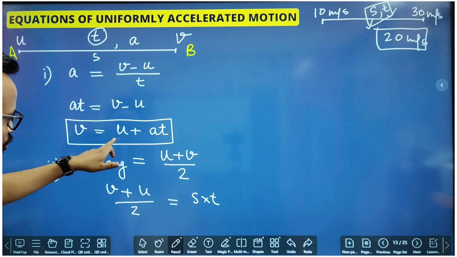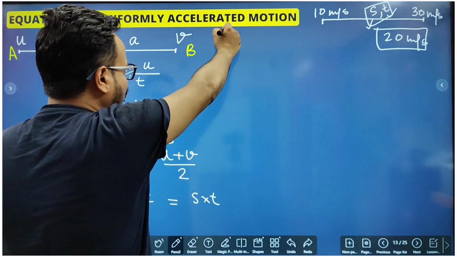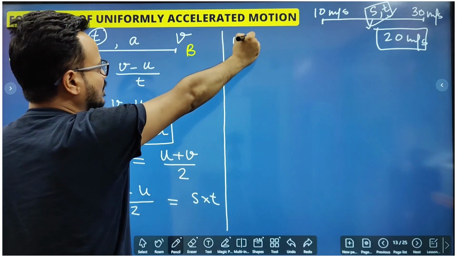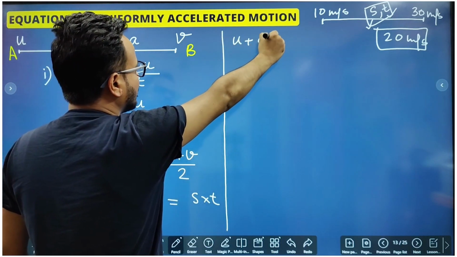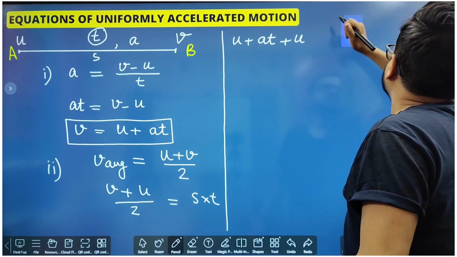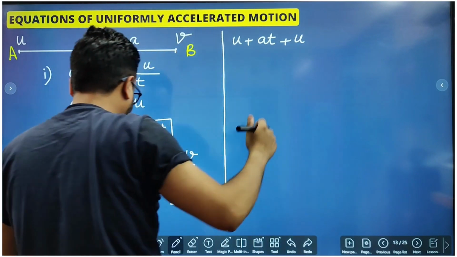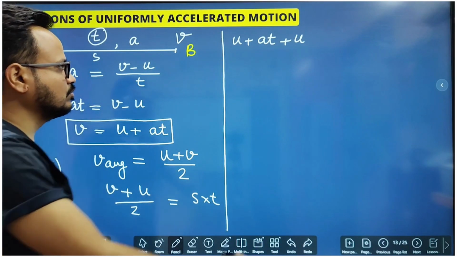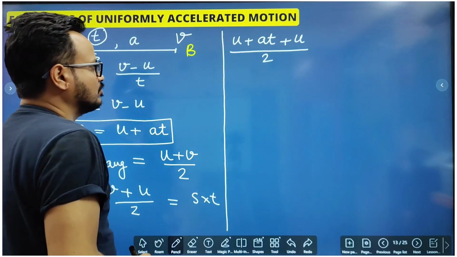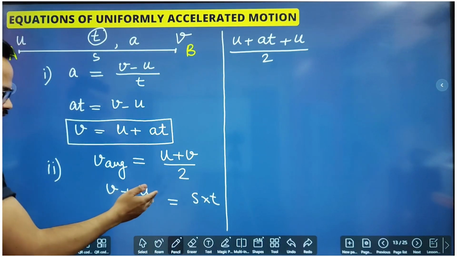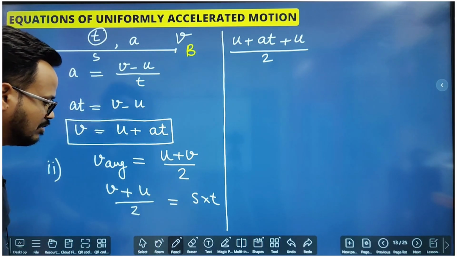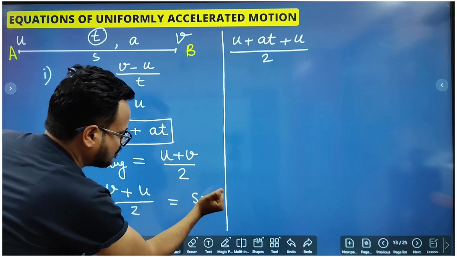Okay, if you put v equal to u plus at in this equation, plus there was another u here, divided by 2, let's do one thing, because on LHS of this equation we are going to get s, so it will be better if we write this s by t on LHS only, right?